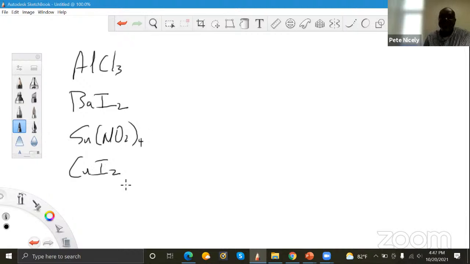Who is this? Giovanni Gonzalez. You're missing a very important piece of information in that name. Can somebody help him out? Thank you, Caleb. The answer is copper 2 iodide. You have to indicate the charge on the copper ion in this case, because remember, copper can exist as copper 1 and copper 2. So you have to indicate that in the name, which is what Caleb did.